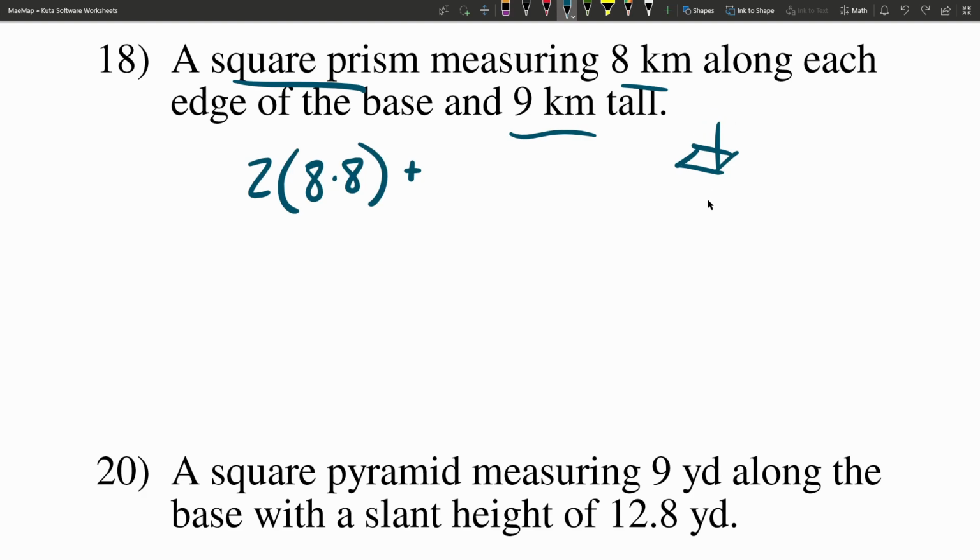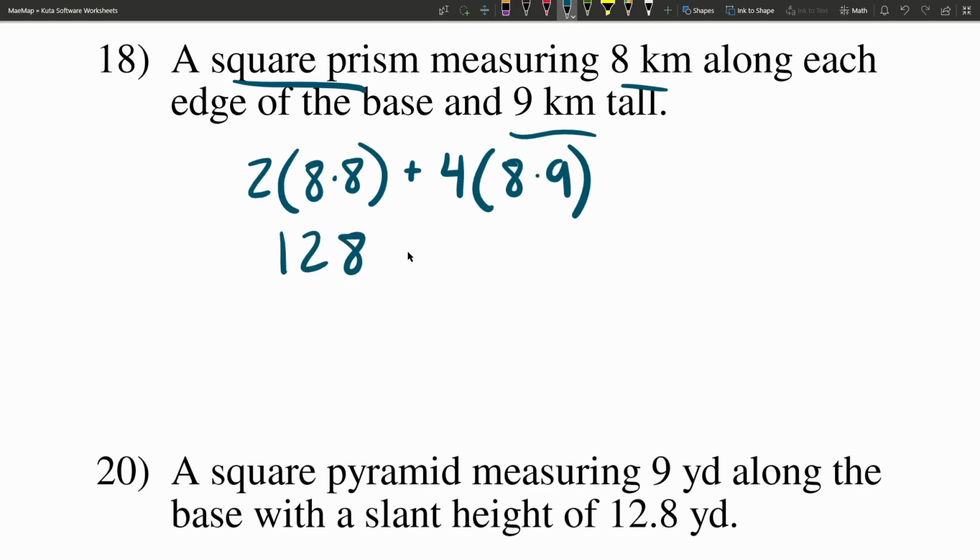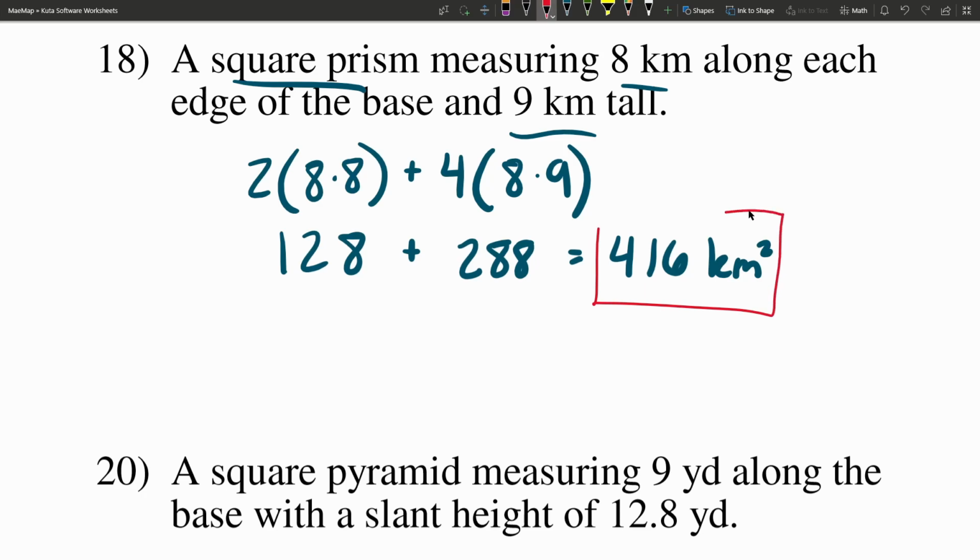So then we're going to add that to 4 times 8 times 9. 8 times 8 is 64. 2 times 64 is 128, and that's going to get added to 4 times 8 times 9, which is 288. Summing that together, we get 416, and our units for the side lengths were kilometers, so this is kilometers squared for the surface area.